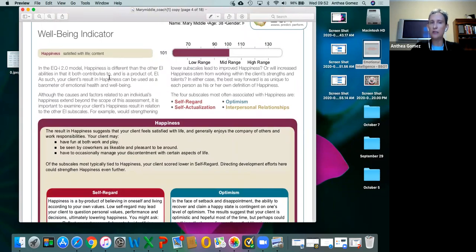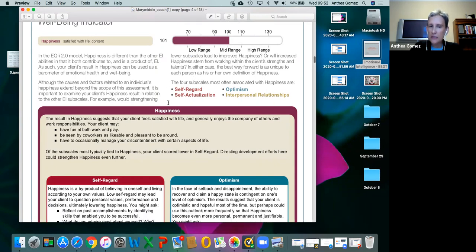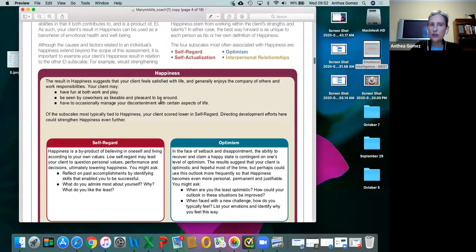And as it states right at the top, the happiness component is different than the other EI abilities because your happiness contributes to your emotional intelligence and is also a product of your emotional intelligence. And so these subscales tie into happiness.